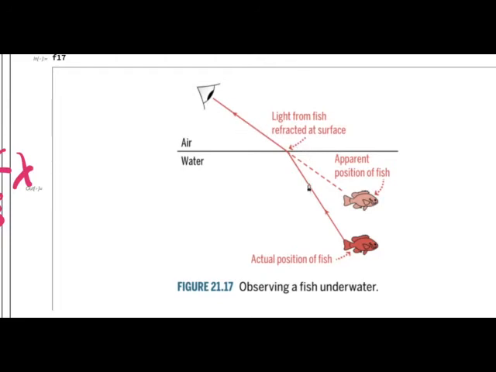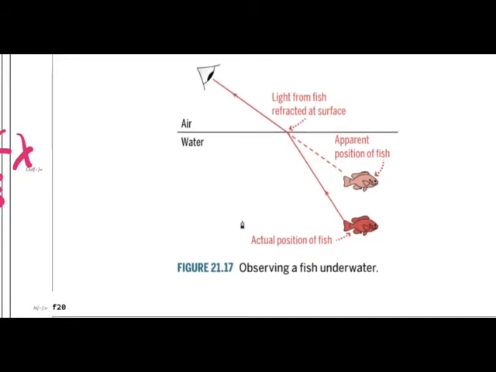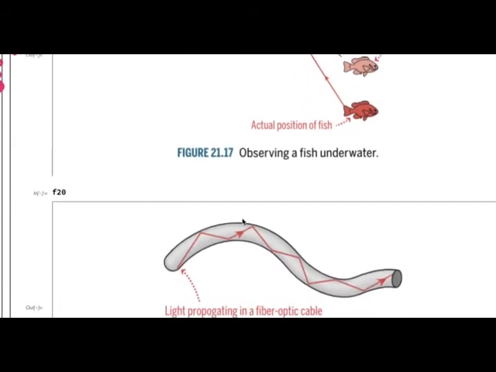So that's an example where, since light doesn't travel in straight lines, not when it goes through a discontinuity, your perception is thrown off. So that's the example of observing a fish underwater.